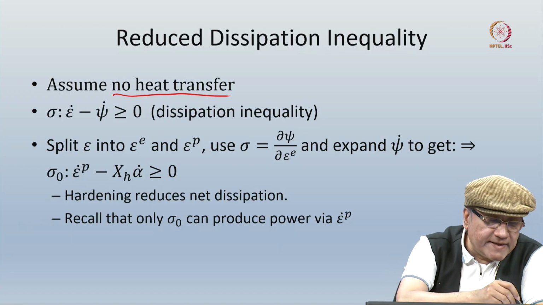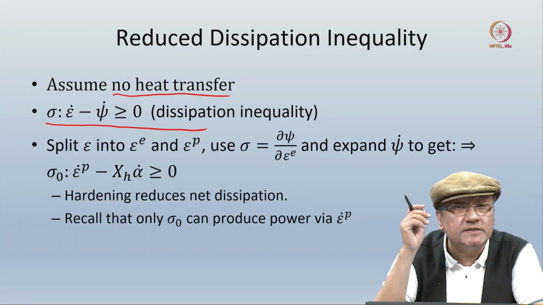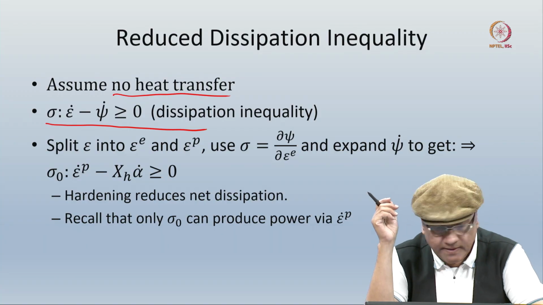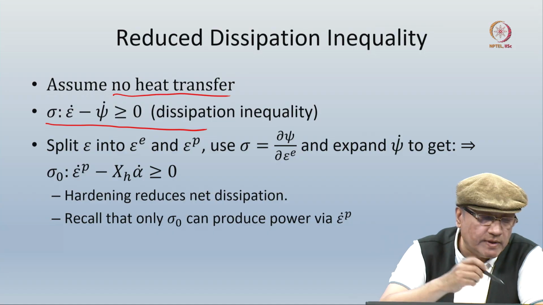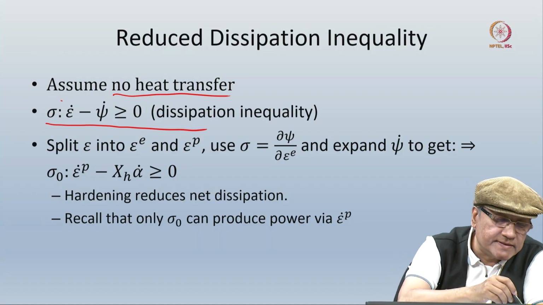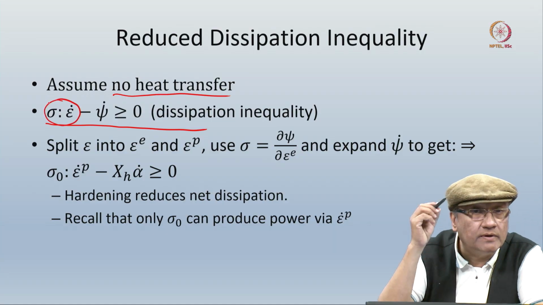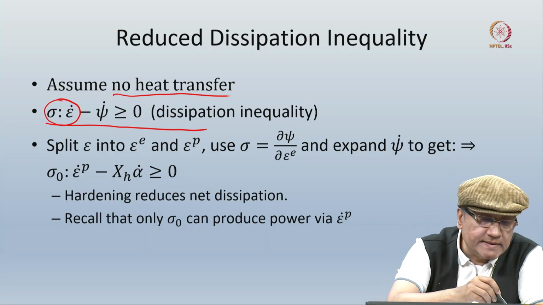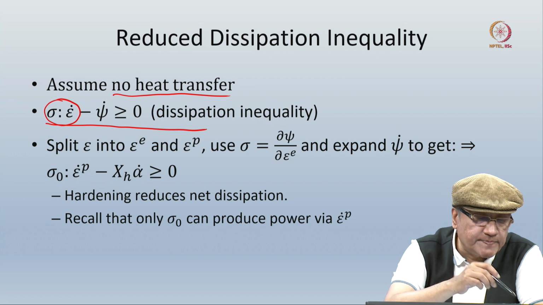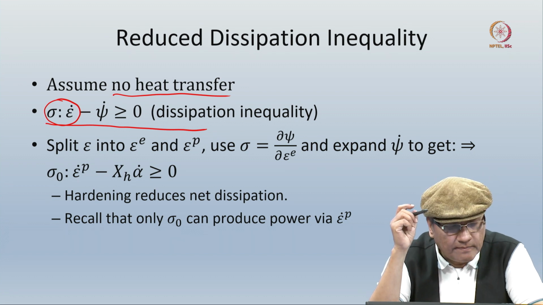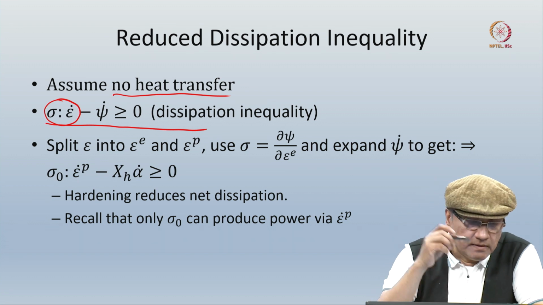Now in that case, from a purely mechanical perspective, this is my dissipation inequality. This is the mechanical dissipation inequality, which states that this is the stress power and this is the psi dot. So stress power minus psi dot must be greater than or equal to 0.